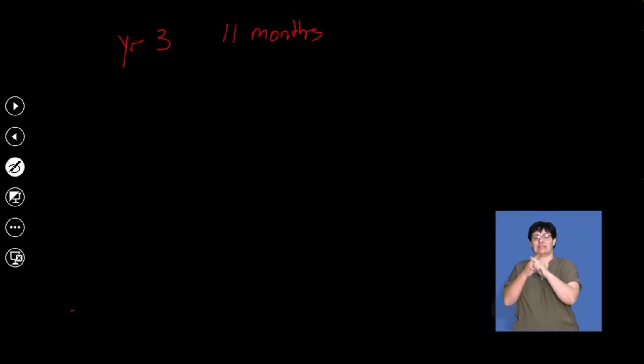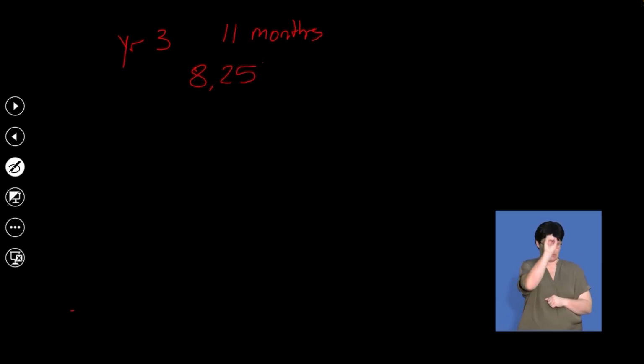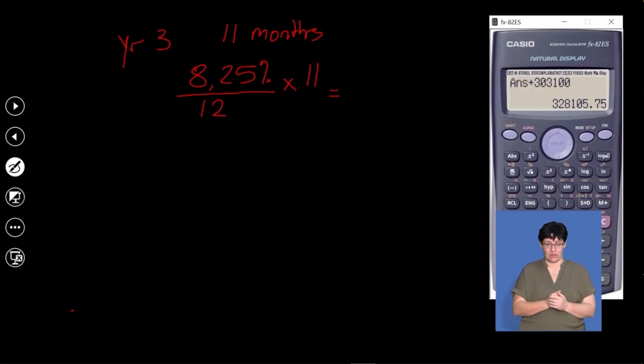So what I'm going to do is do this first. I'm going to take my 8.25%. I'm going to divide it by 12 to get a monthly rate, and I'm going to times it by 11 to get my rate for just that portion of the year. So on my calculator, I'm going to clear that, I've got 8.25.